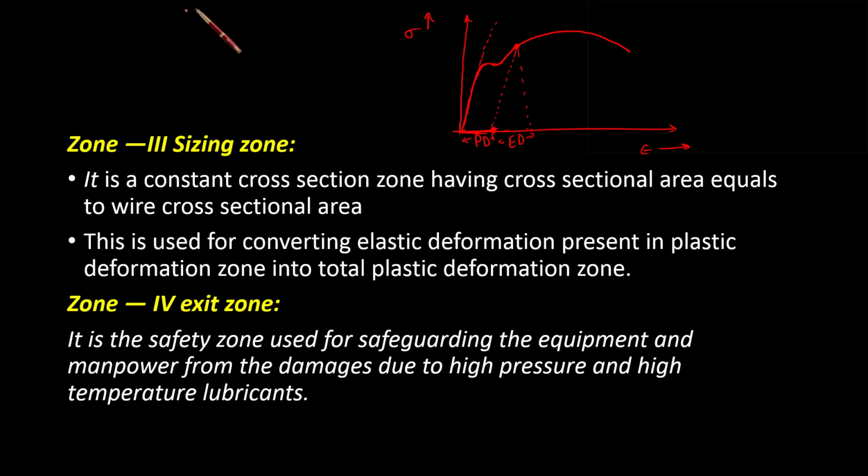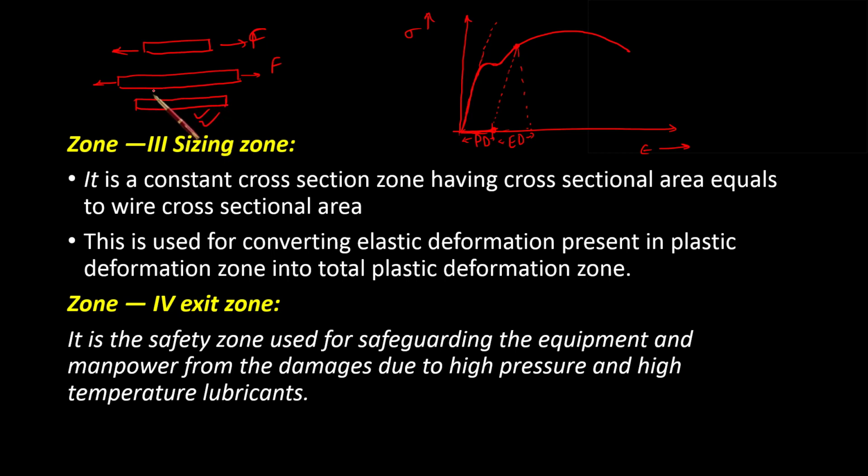Let's suppose this is the rod, and if it is pulled, you will see that it has reached this much length, let's suppose. But as soon as the applied force is removed, let's suppose this is the force F and this is F, then we get this much length. This is the final length.